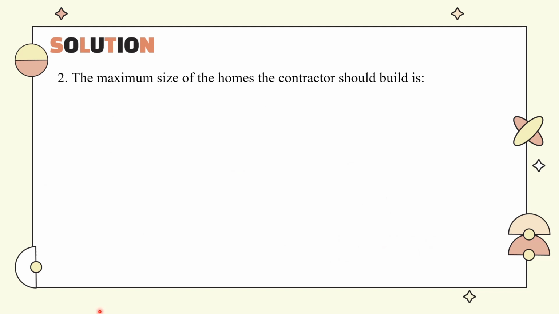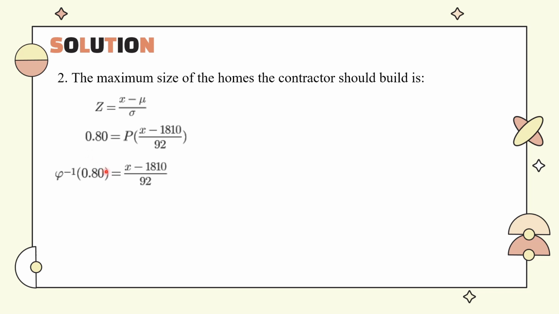So number 2, the maximum size of home that the contractor should build. Again, we have our formula, then our Z is 0.80. As you can see, in the minimum we put negative in our Z, but now we are aiming for the maximum, so it is positive. So we didn't put negative in 0.80.